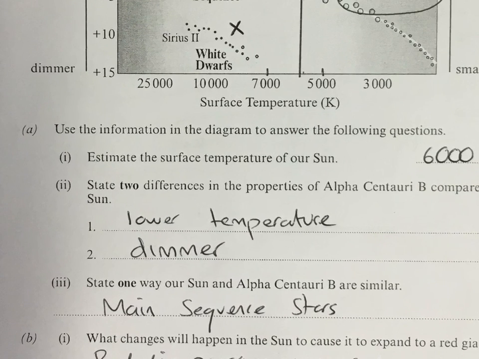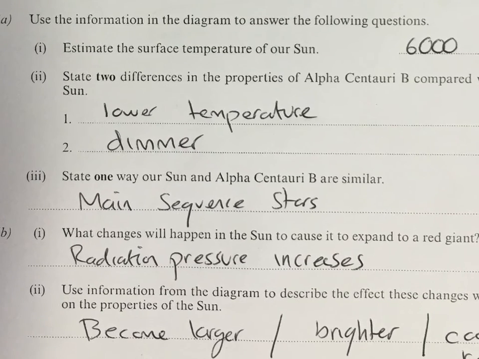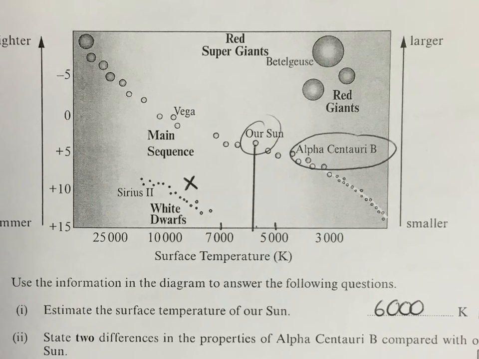So I said lower temperature and dimmer. State one way our Sun and Alpha Centauri are similar. Well, they're in the main sequence trend. So this is the main sequence trend there. So they're both main sequence stars. The red giants tend to hang around up here, and then the dead stars tend to hang around down here.